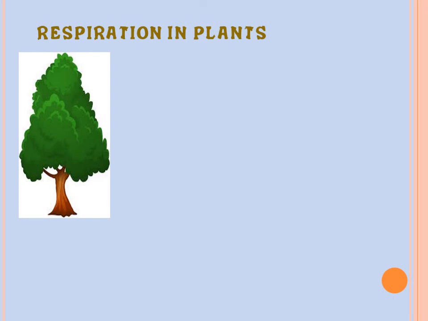Respiration is always the oxidation or combustion of glucose, and it occurs in the presence of oxygen, that is, intake of oxygen and giving out of carbon dioxide. The same process occurs in plants also, but it is not as complex as in animals. So we have to discuss here only those different ways by which plants respire.